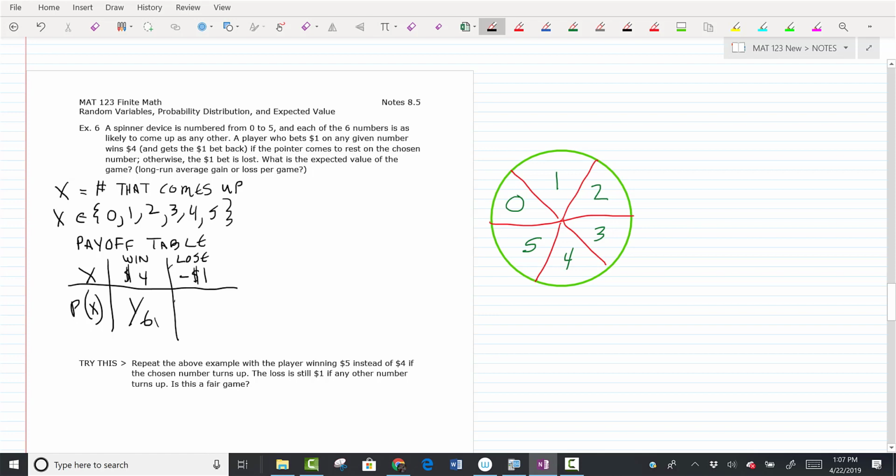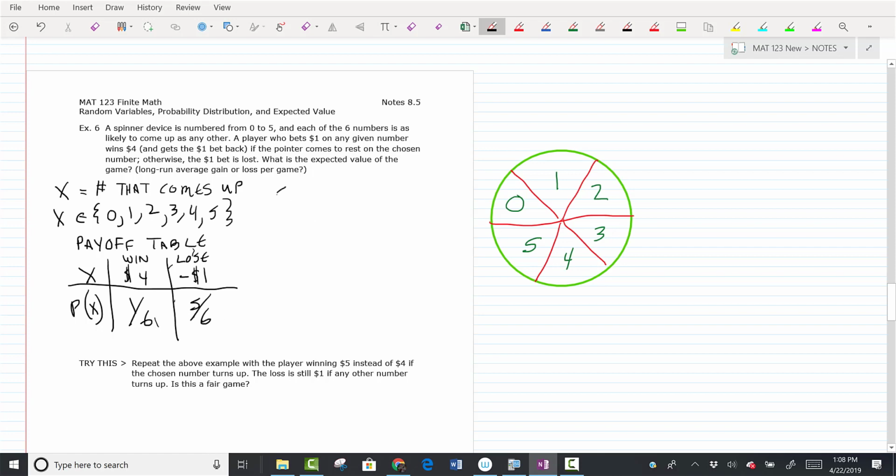What's the probability of losing? 5/6, right? So that's a 5/6 probability you're going to lose because it's going to end up on some other number. We're going to see what happens with this expected value, and I'll explain how this works in terms of betting. So $4, 1/6 probability you win, 5/6 you lose.